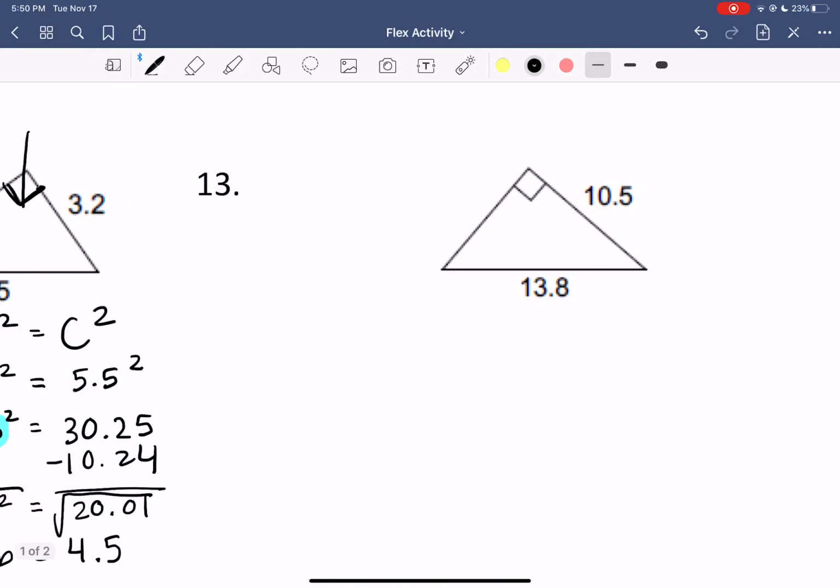Okay, number 13. So we have our triangle here, and again, trying to find which side we're missing, remembering that our arrow always points to c. So that means maybe we're missing a this time. So if we have a squared plus b squared equals c squared, we know a is missing, and then this is b, and c is 13.8.